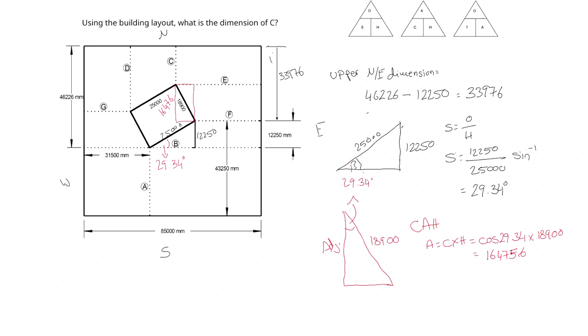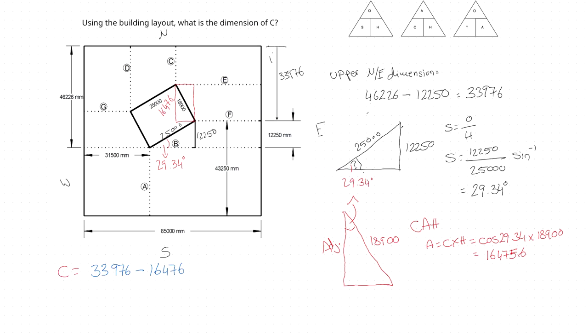So let's figure out C, and I'll write that underneath the drawing here. C, so that's our upper dimension. So the 33,976, right? That's this dimension right here. Or really, it's the same as here. Minus our adjacent number will get us the C. Minus the 16,475, let's just call it 6.